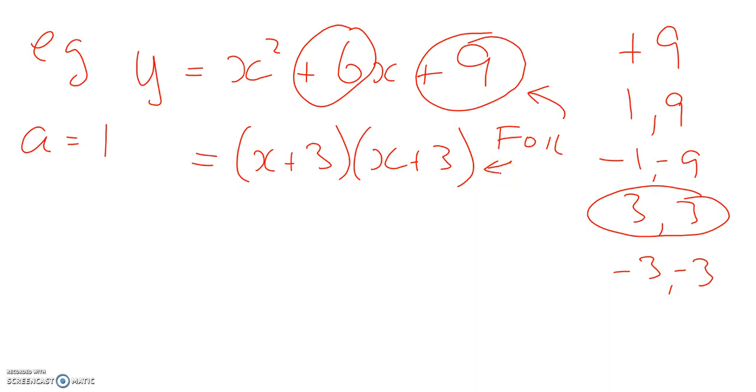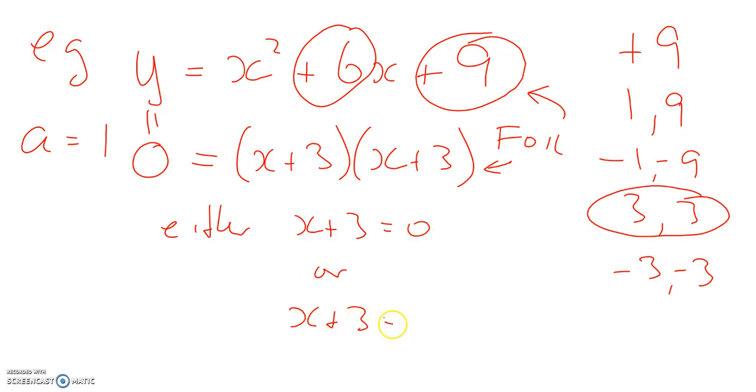Now, this is where we use the null factor law, because if we want to find the zeros, this is where y equals 0. That's what we mean by the x-intercepts. By the null factor law, that means either x plus 3 equals 0 or x plus 3 equals 0, which in this case are the same. These imply that x equals minus 3. This is what we call a double root.